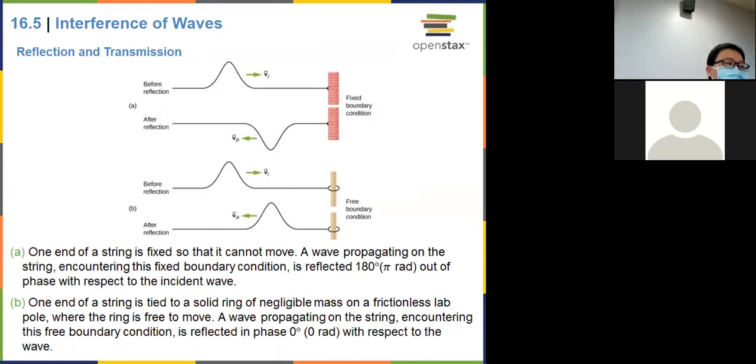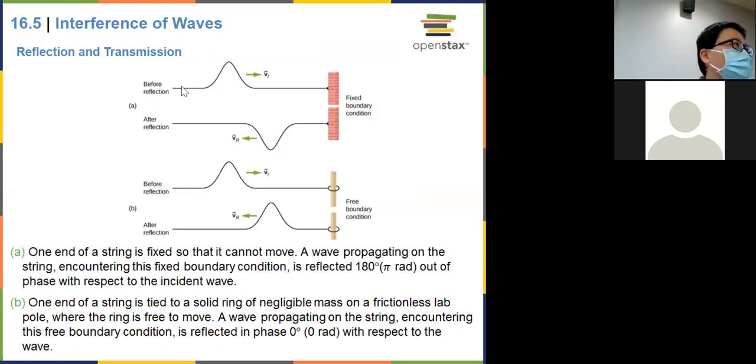So when one wave meets another wave, they will interact. How do they interact? That's the focus here. Before we look at two or three waves coming together, let's take a look at the interaction of a wave with a medium.